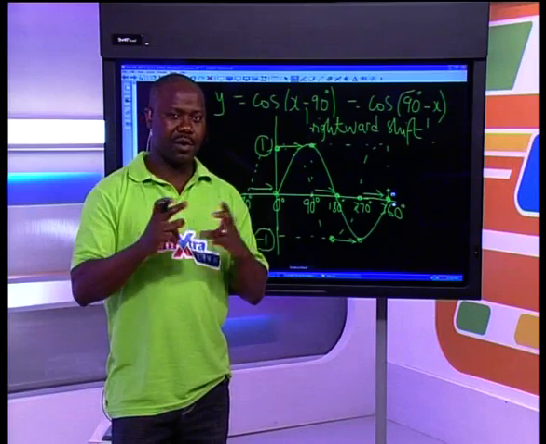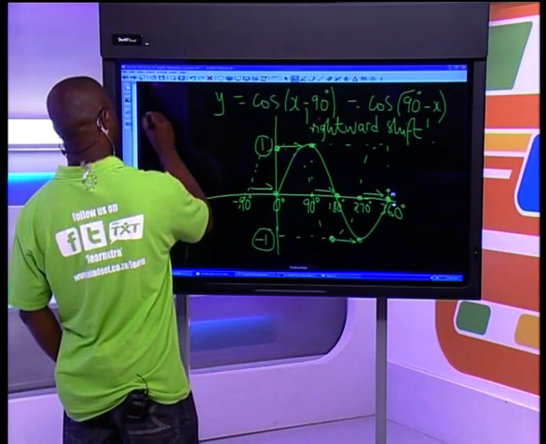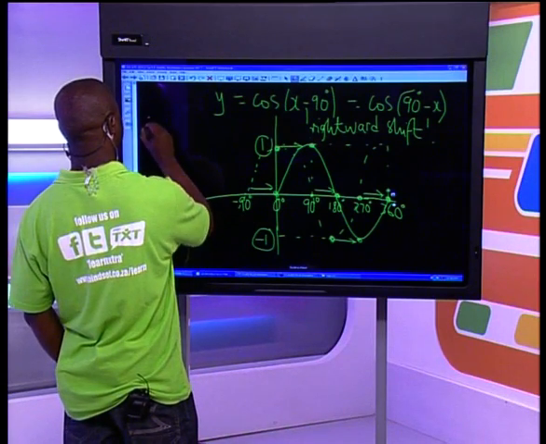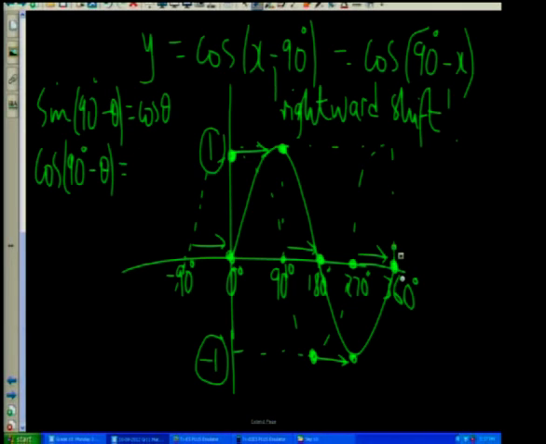And you'll remember from when we were defining the ratios that complementary ratios say sine of 90 minus theta is the same as cos of theta, or cos of 90 minus theta is the same as sine of theta. And this shape is evidence of exactly what we are saying here.